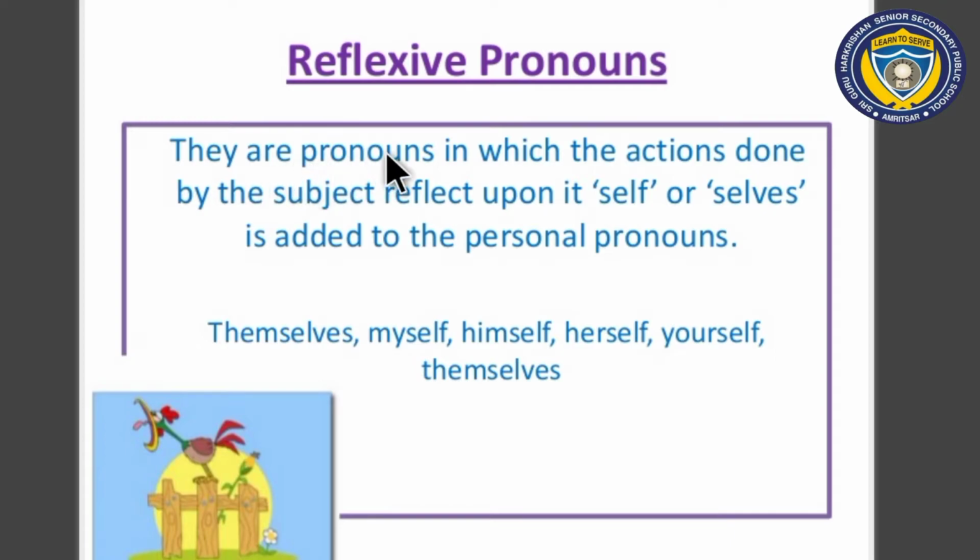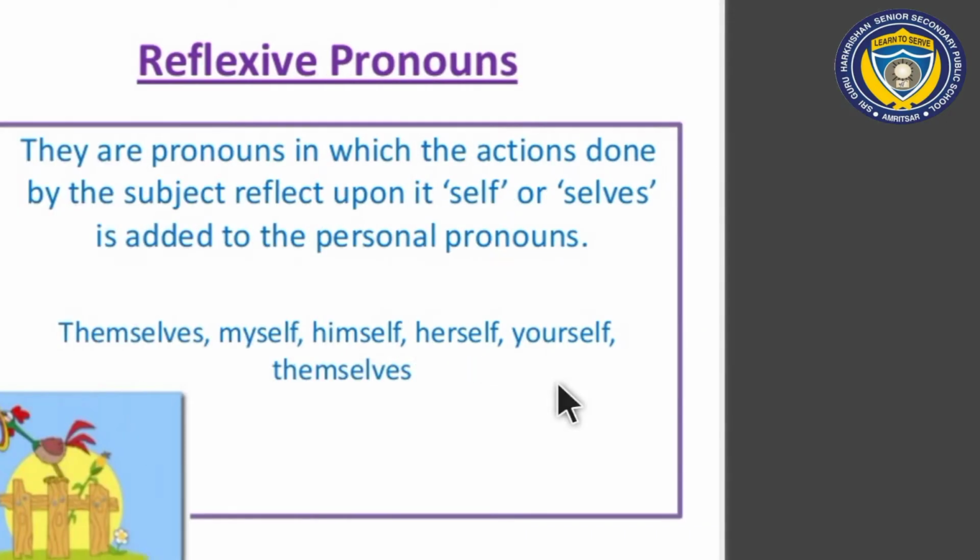They are pronouns in which the action done by the subject reflects upon itself; self or selves is added to the personal pronoun. So what are reflexive pronouns? Those that reflect back again to the subject are known as reflexive pronouns. For example, themselves, myself, himself, herself, yourself.